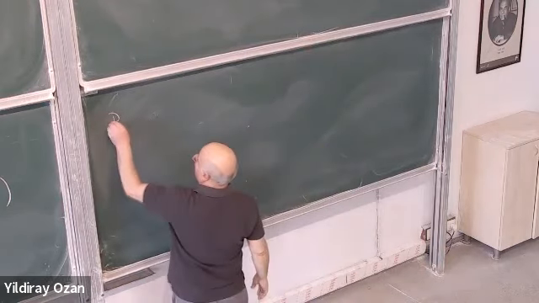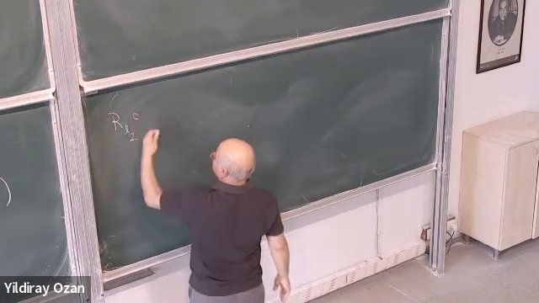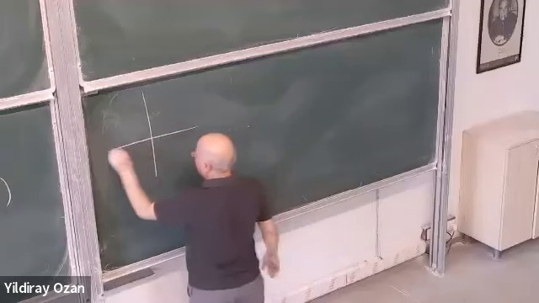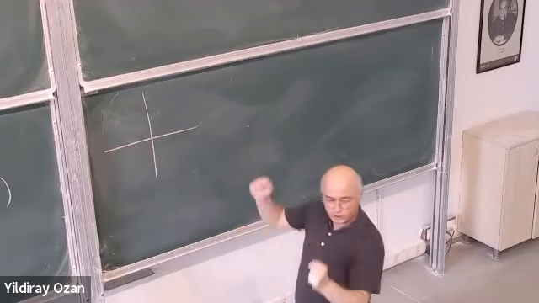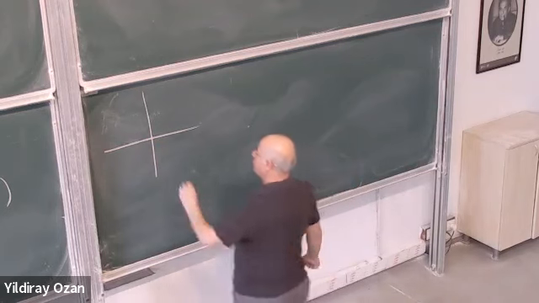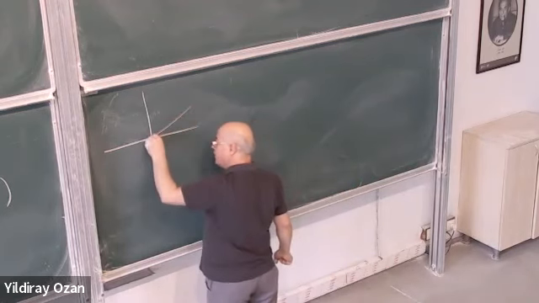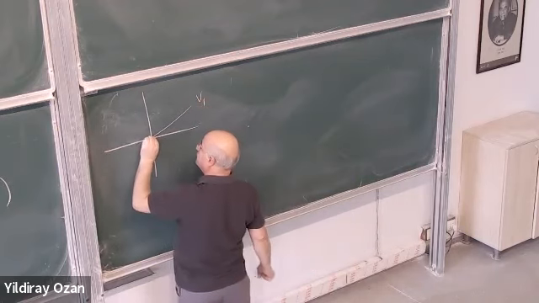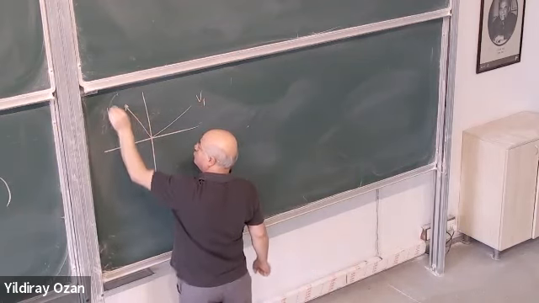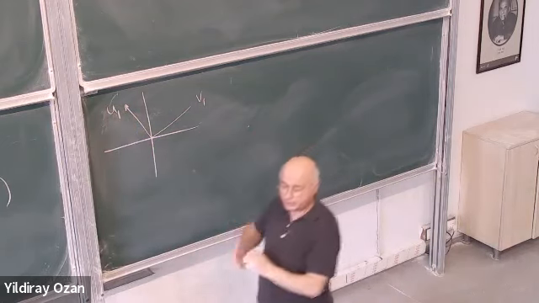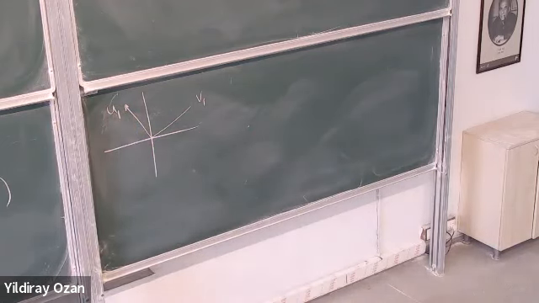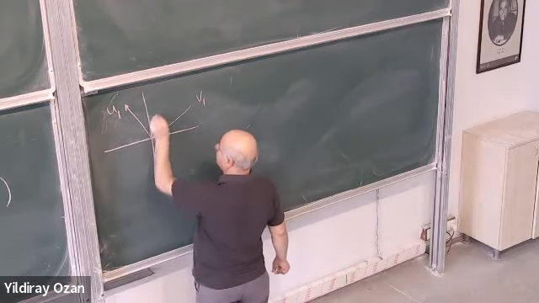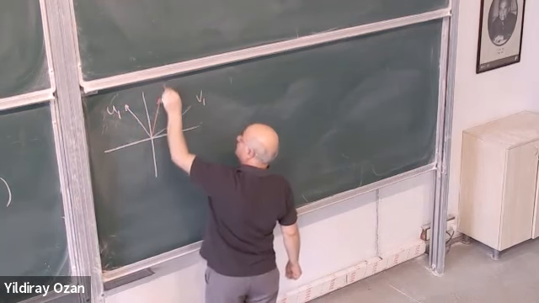RL2 composition. First, let's look at this. If I rotate 2 theta radian, let's say this is V1, and this is U1. If I rotate this 2 theta radian, I will get this vector, let's say V3.